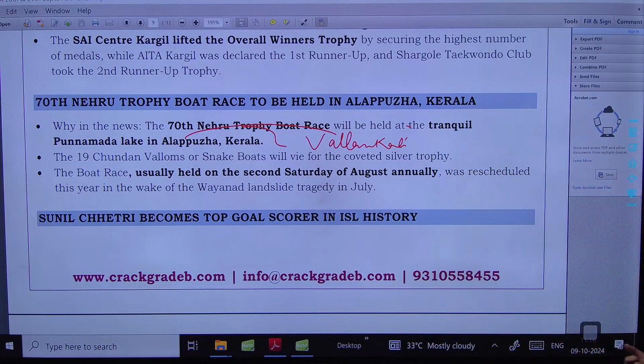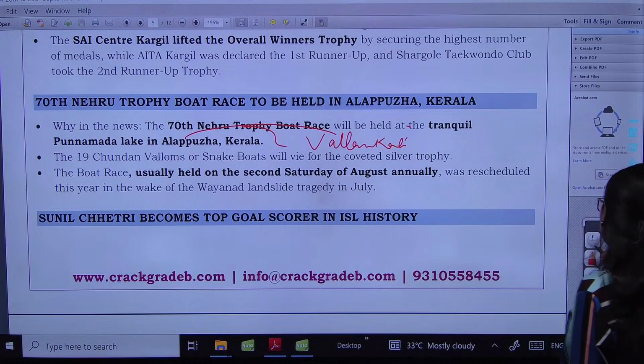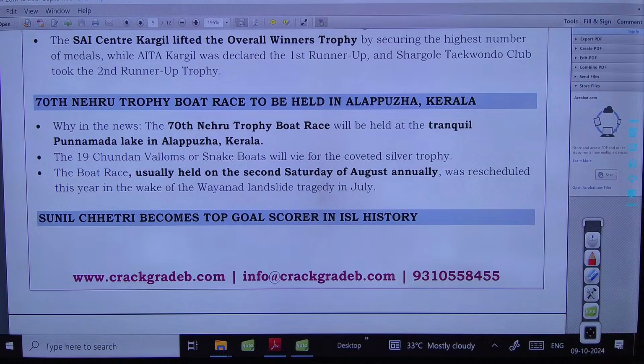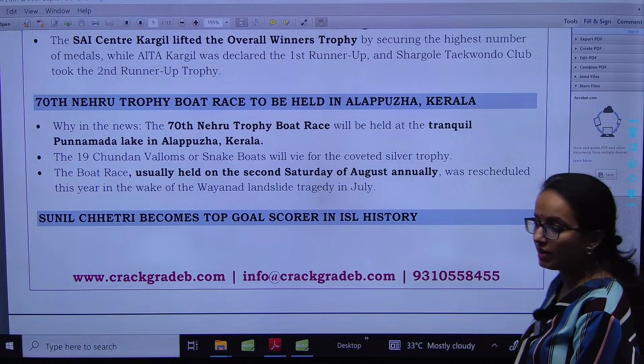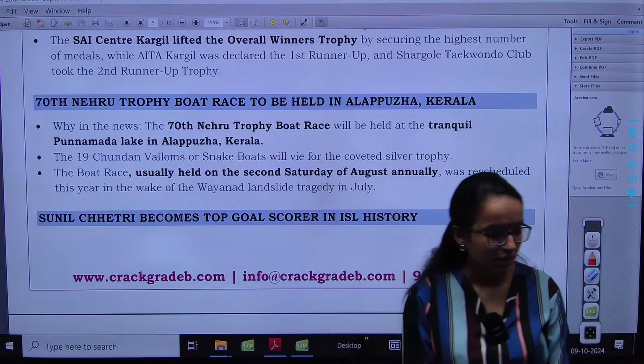The 70th Nehru Trophy boat race will be held at the tranquil Punnamada Lake in Alappuzha, Kerala. So remember this. It is a very famous boat race and attracts a lot of tourists in Kerala's backwaters.